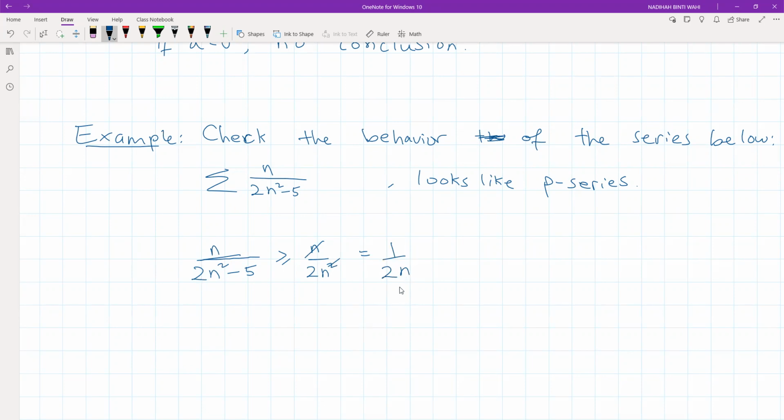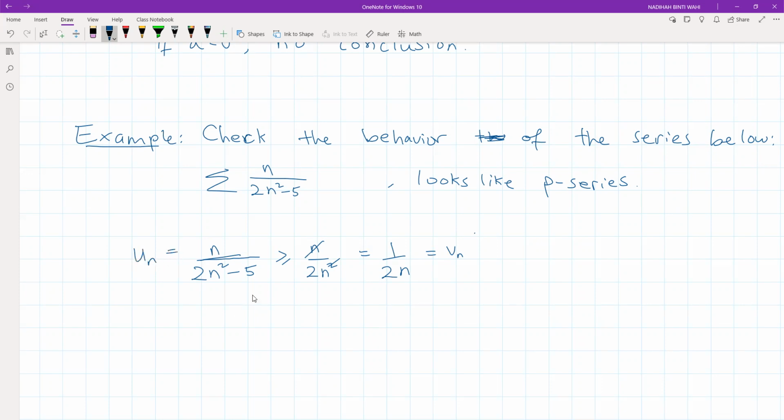So let's say this is equals to Vn, so Vn is equals to 1 over 2n.